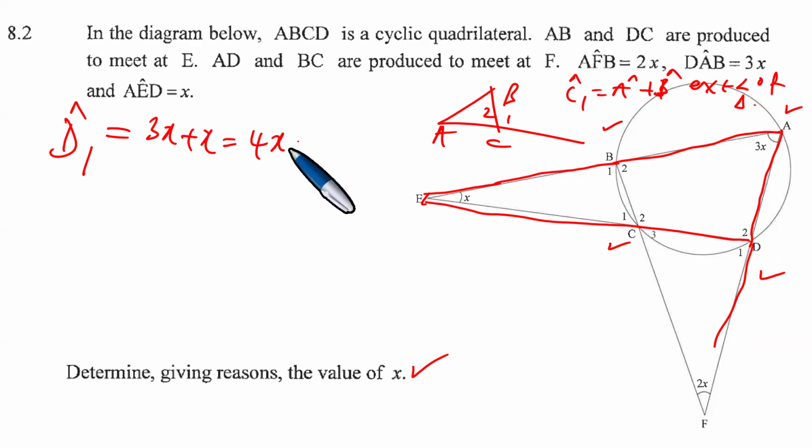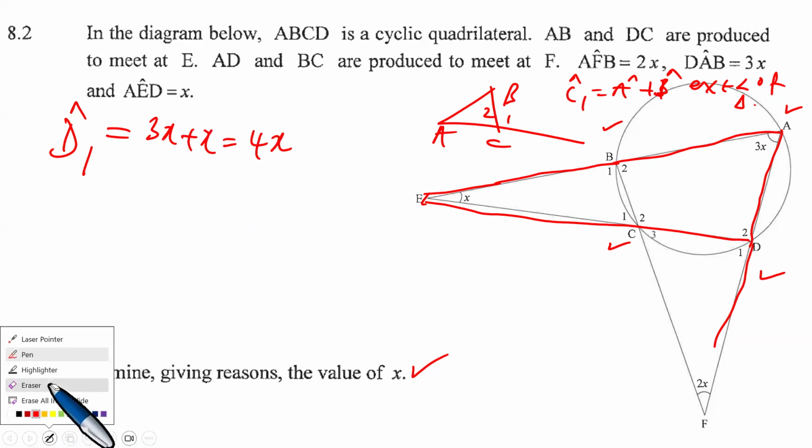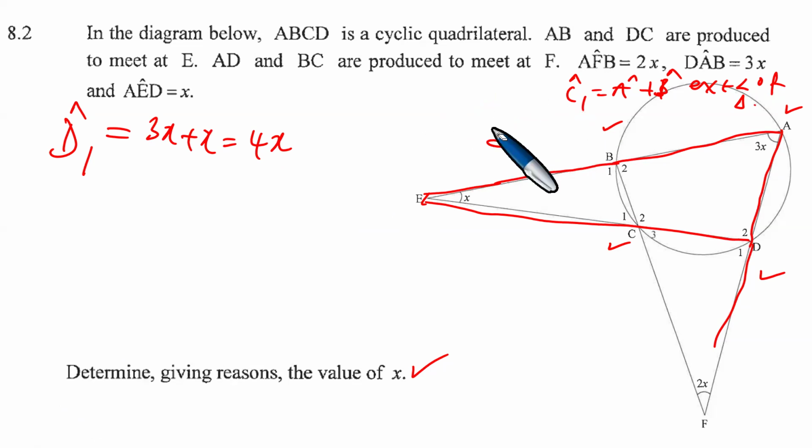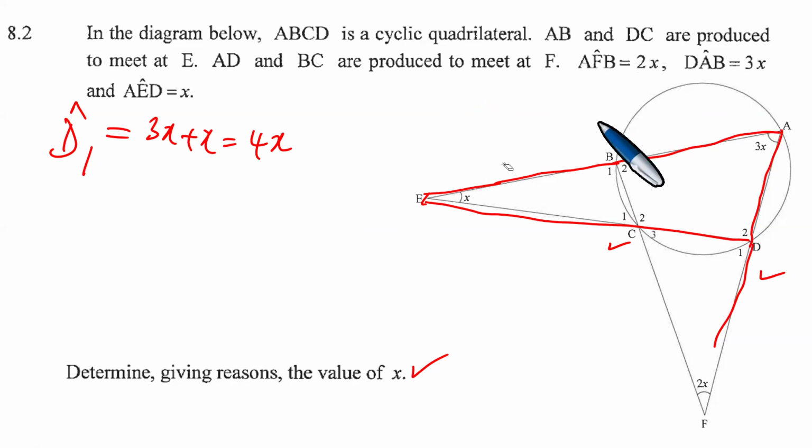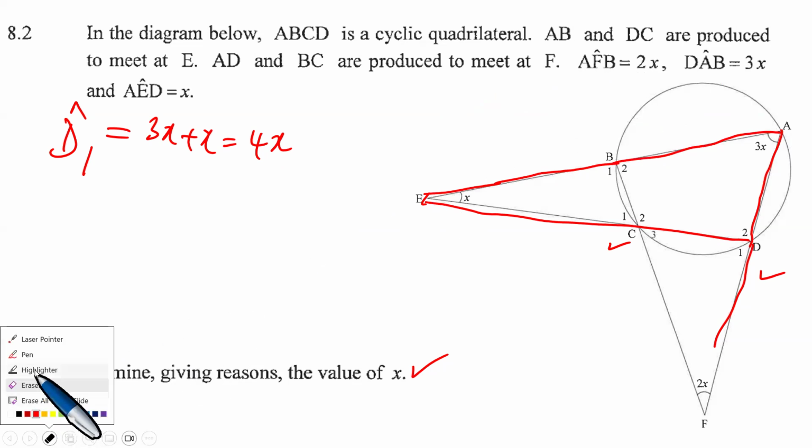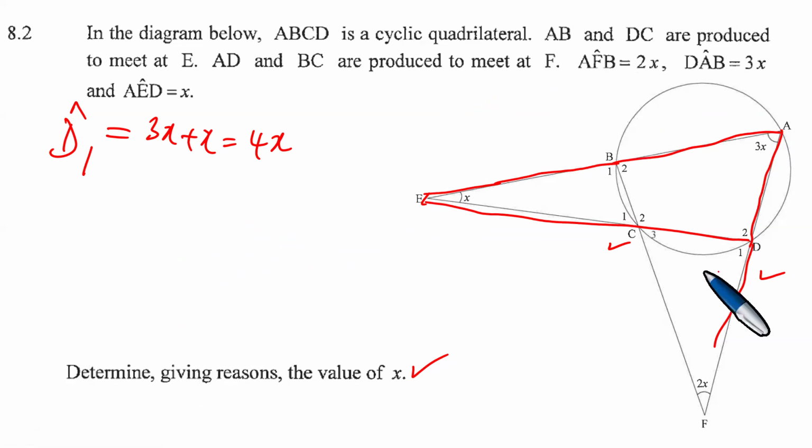And this is 4x. Why is that? Which means D1 is 3x plus x, and therefore we get 4x.